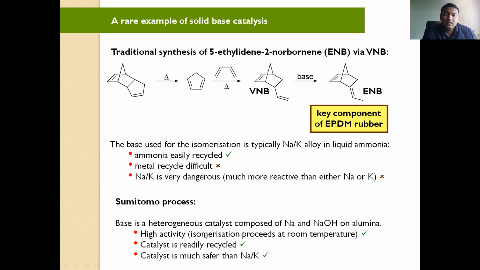There you see high activity: isomerization proceeds at room temperature. At room temperature we can prepare it. Then the catalyst is readily recycled, you can easily remove it, and the catalyst is much safer than sodium and potassium.